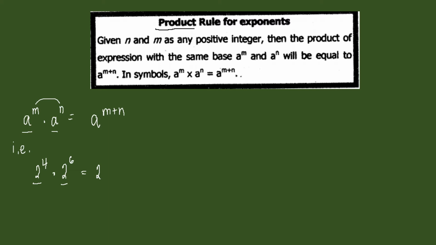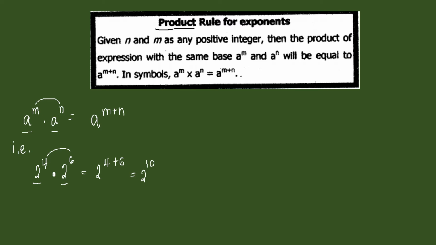If there's a dot that you see, that's multiplication. If there's no dot, if they are just written beside each other, it's also multiplication. If they are expressed in parentheses, that's also multiplication. So copy the common base and then add the exponents. So we will have 2 raised to the 10.